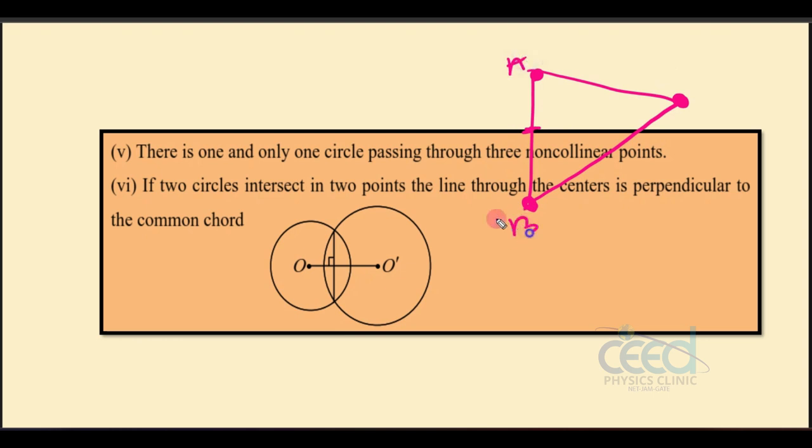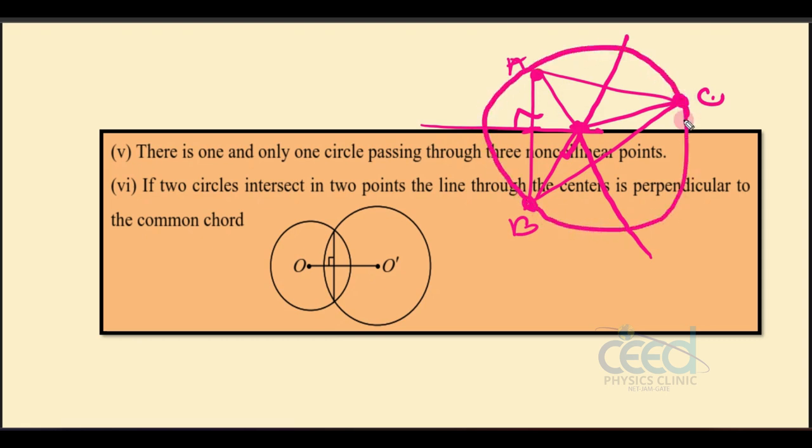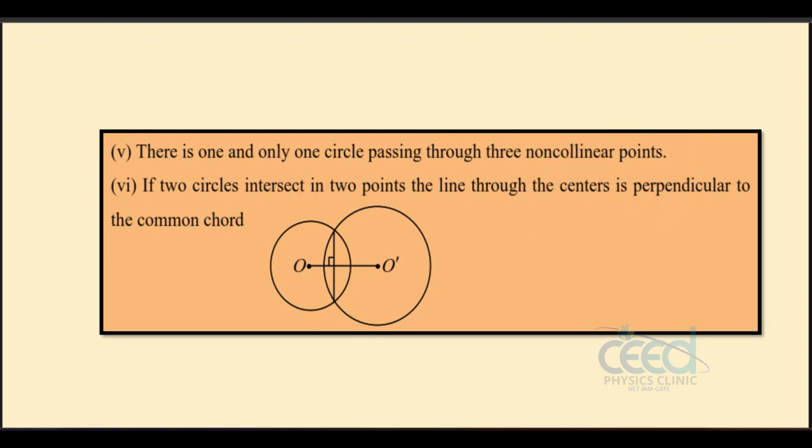Then the perpendicular to AB comes like this, the one to AC comes like this, and the one to BC comes like this. Now keeping this as the center, this distance, this distance, this distance are all the same, and if you draw a circle you get one circle. Only one circle passes through these 3 points, right? That is a construction we studied in lower classes, right?